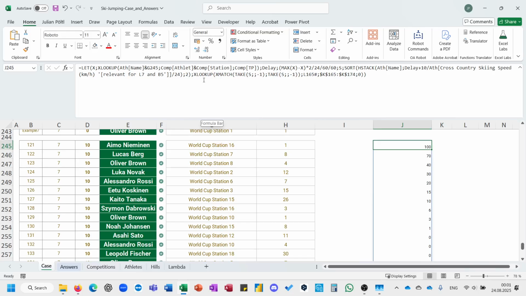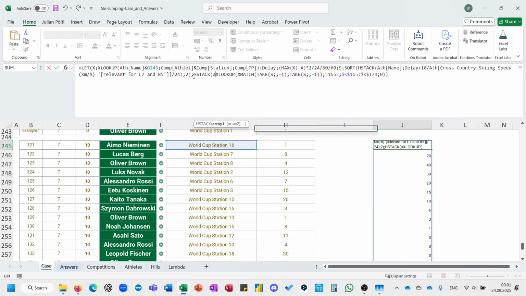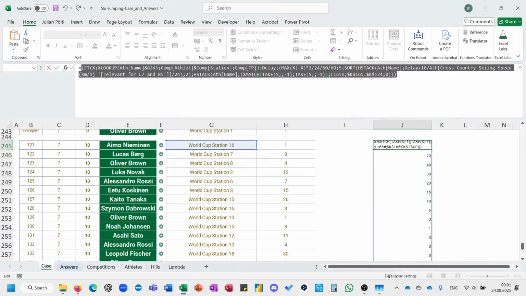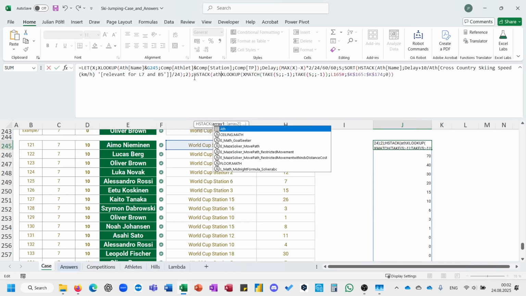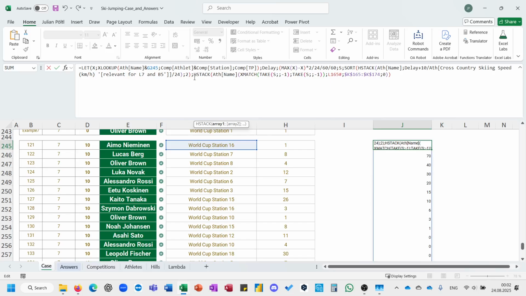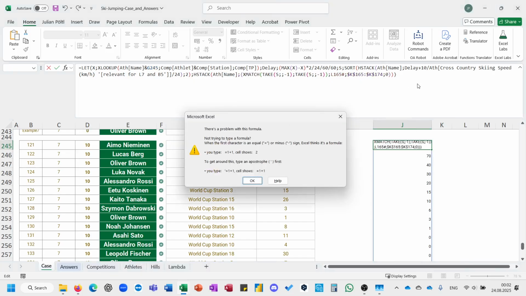And now I want to HSTACK ATH name and this. HSTACK ATH name, this.